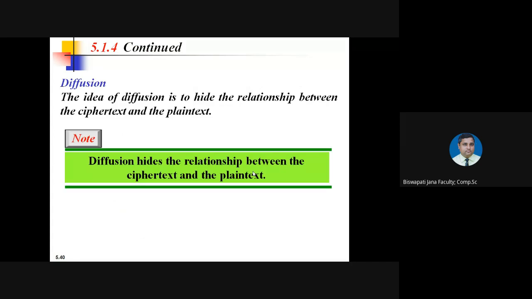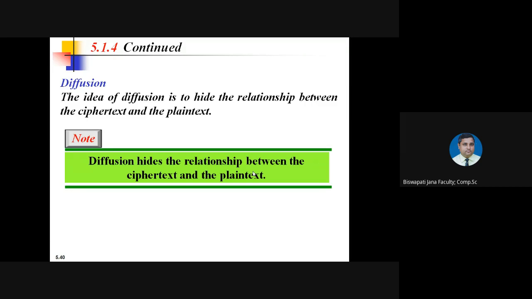For that case, there are two important definitions. What is called diffusion? The idea of diffusion is to hide the relationship between the ciphertext and the plaintext. Suppose I give you the ciphertext, then you try to find what the plaintext will be. If there is some relation between the ciphertext and plaintext, then obviously we can easily find the plaintext.